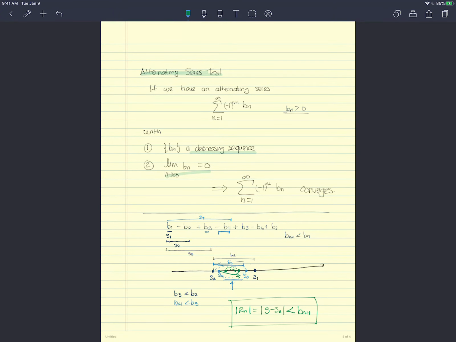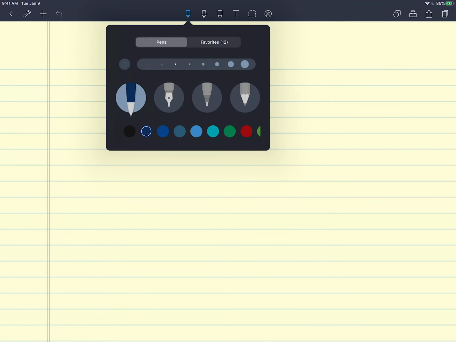So you probably noticed this. We didn't talk about this in my previous video, but you probably noticed that something strange is happening in terms of the harmonic series. We know that this one does not converge, right?